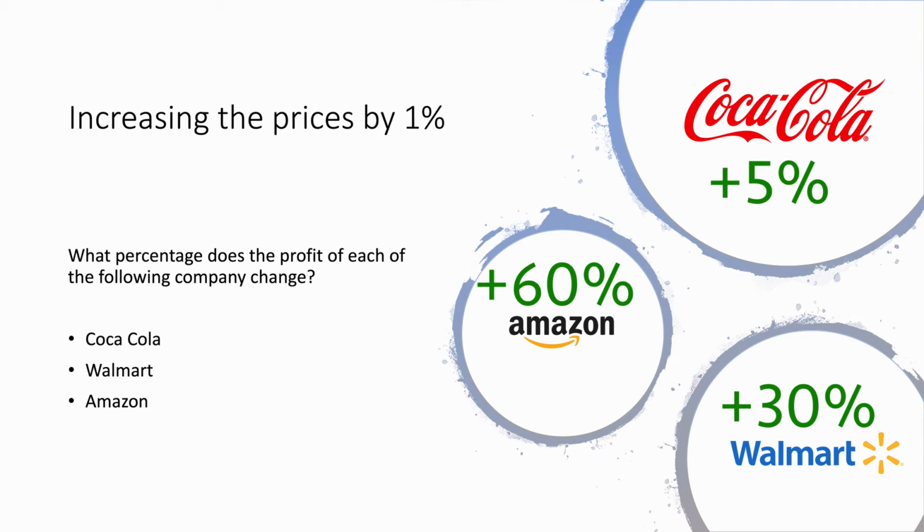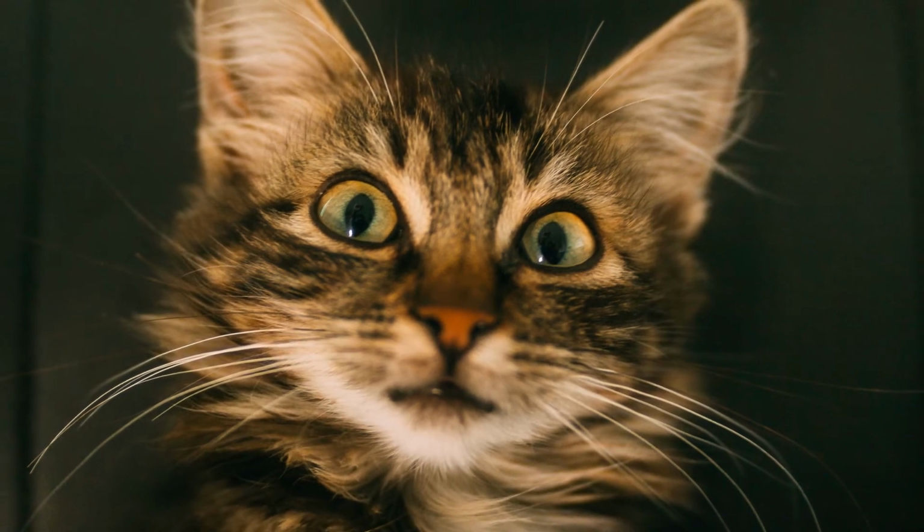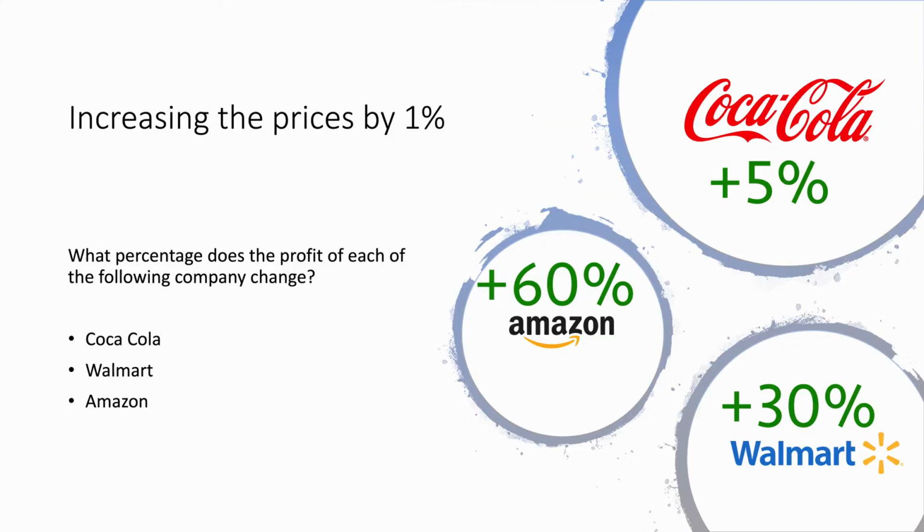So you may be asking, why such drastic differences for these three companies? What happened? The key point here is what matters for profitability is not price itself. It is the profit margin, that is, what percentage of your total revenue is actually your profit.